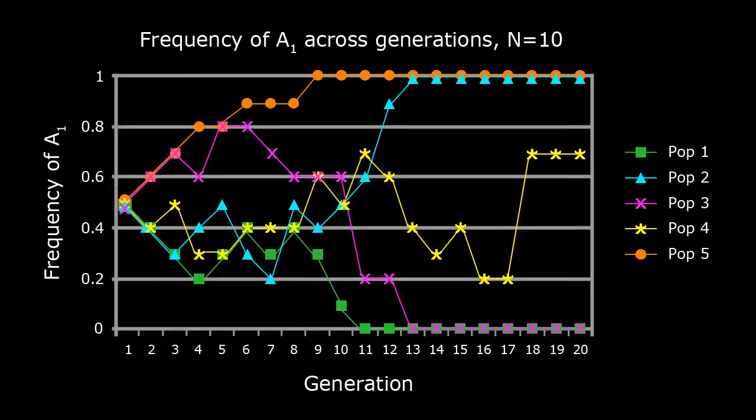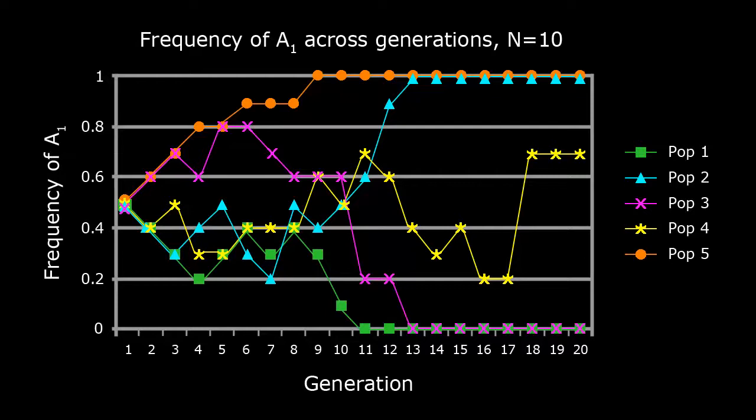So 50% of the individuals in that population carry the A1 allele. Each one of the lines you see in this graph represents a different population, but each one is starting essentially the same. And again, those populations are 10 individuals. So a pretty small population here, a small population of, let's say, tigers.